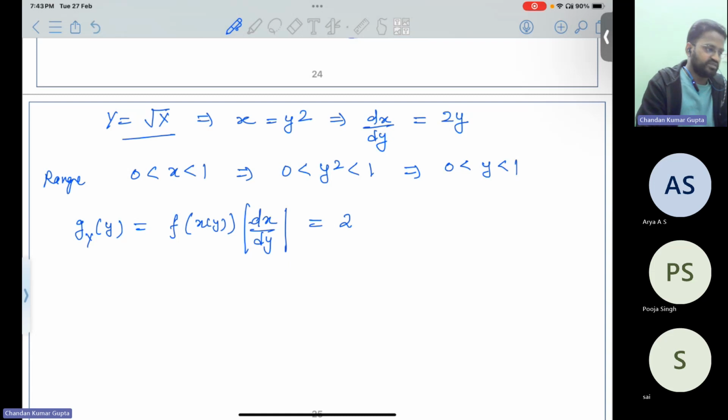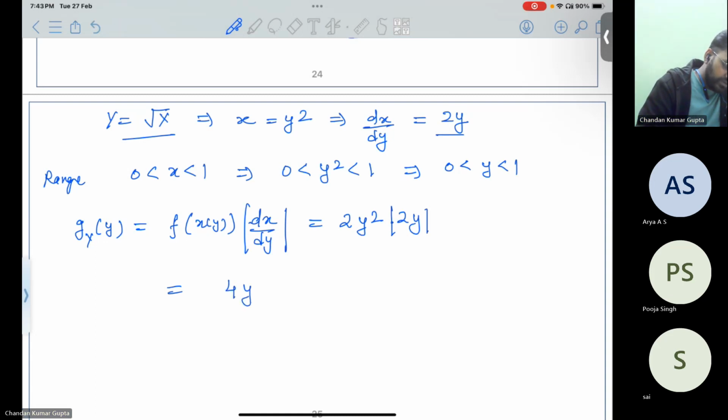It's 2x, where x is equal to y square, into 2y, the Jacobian. So it is not 2, it's 4y cube, and the value of y is like this.